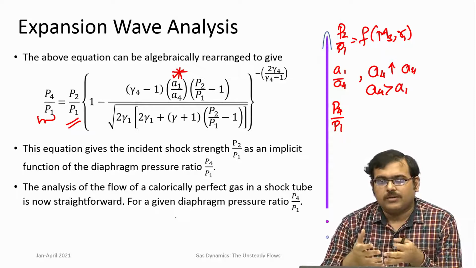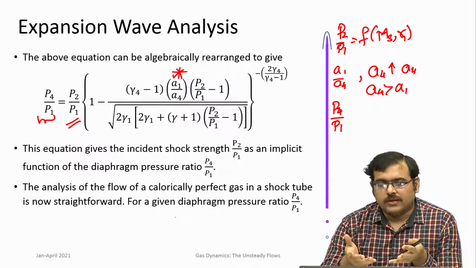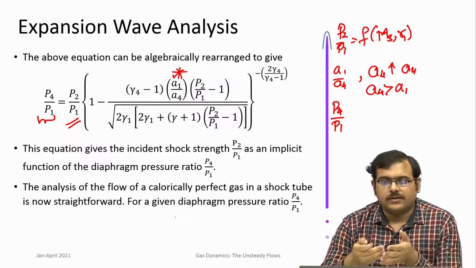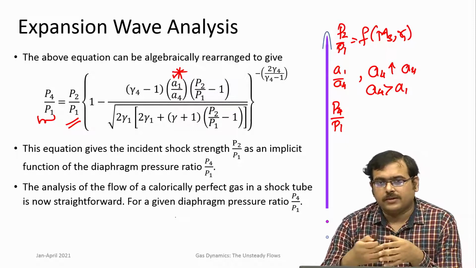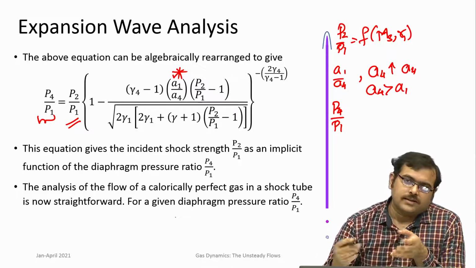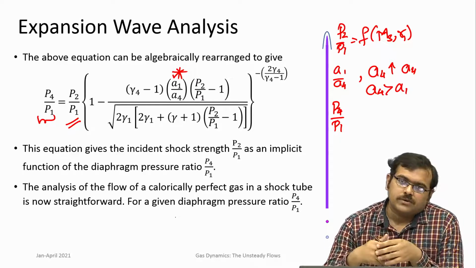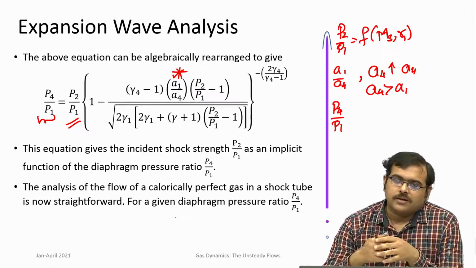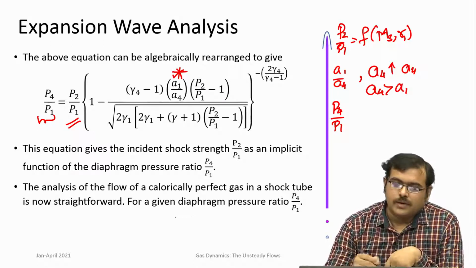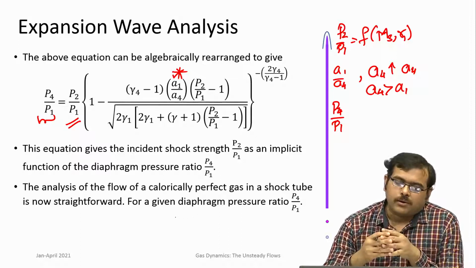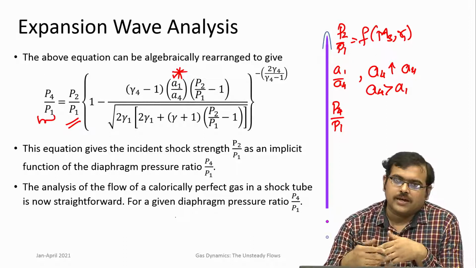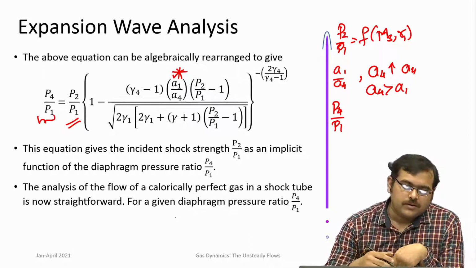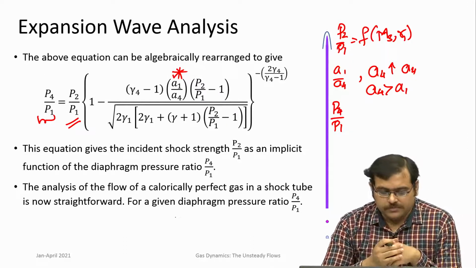You have a combination of a gas and oxygen, and they can burn together and heat up the driver gas. Those kinds of shock tubes are known as combustion driven shock tubes. So these are some ways by which this ratio A1 by A4 can be modified, and hence one can get higher strengths of P2 by P1 for given P4 by P1.